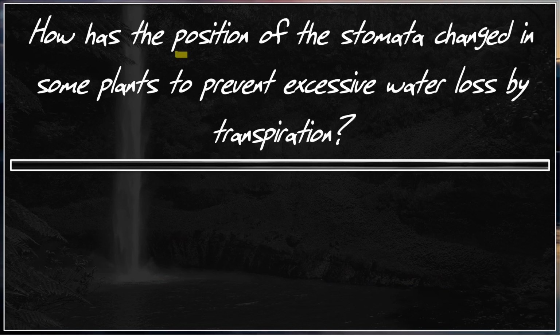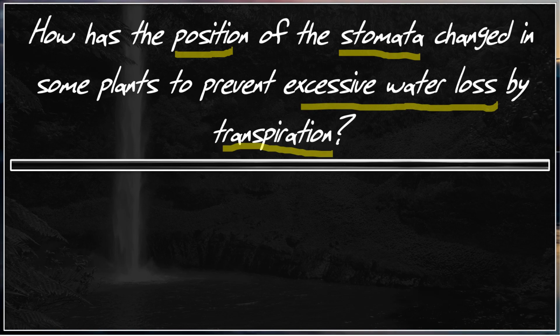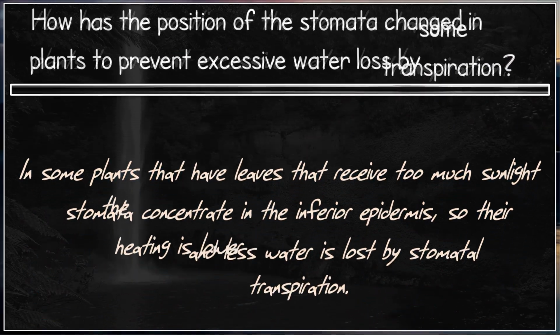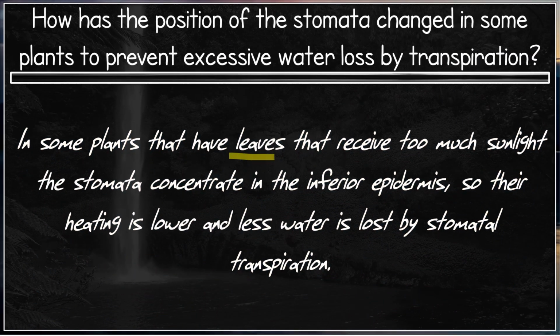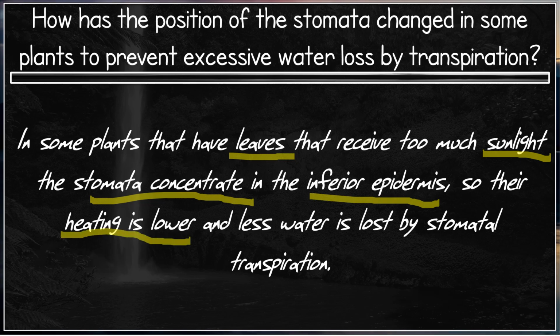How has the position of the stomata changed in some plants to prevent excessive water loss by transpiration? In some plants that have leaves that receive too much sunlight, the stomata concentrate in the inferior epidermis, so their heating is lower and less water is lost by stomatal transpiration.